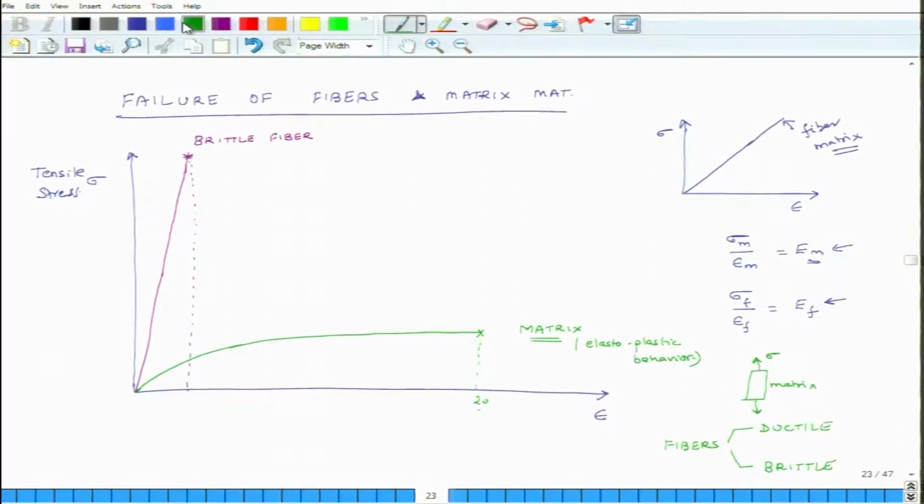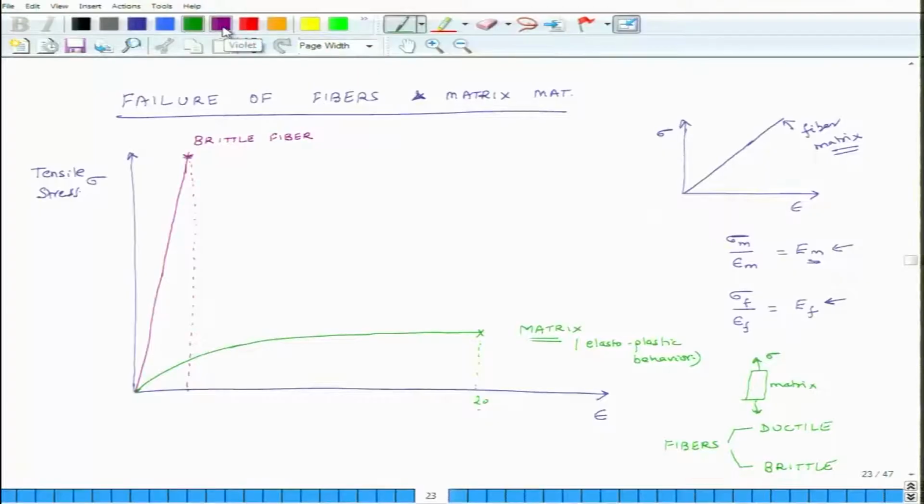Examples of ductile fibers may be Kevlar, maybe some metallic fibers and things like that. So, let us look at the stress strain response for a ductile fiber. They behave the same as brittle fibers, but after a certain point they have a different path and they may fail at some other value. So, this is how a ductile fiber fails.